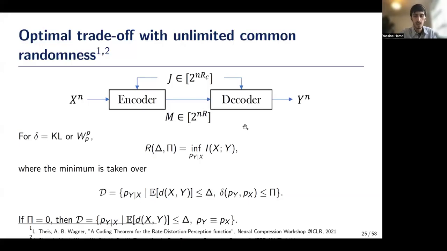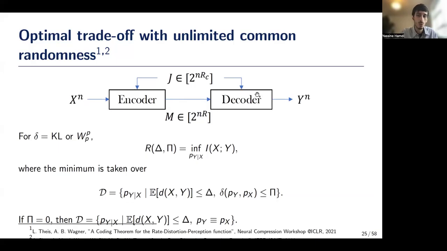One last thing is, I said randomness, but there is something that is a bit particular. It's called common randomness. So this is this variable j that is shown here. Usually when you use randomness at the decoder, then the encoder does not know what is the value that you have used for the randomness.